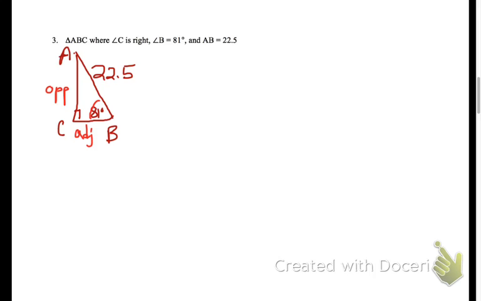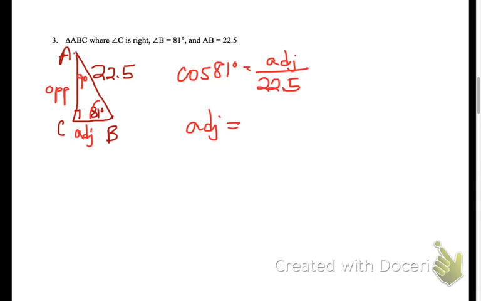And of course the easiest is to start with the angle measurement. So this angle A has to be 9 degrees. So we know angle A. Let's again start with our adjacent side. So the cosine of 81 degrees is our adjacent over our hypotenuse, which gives us an adjacent side length of 3.520 if we round.